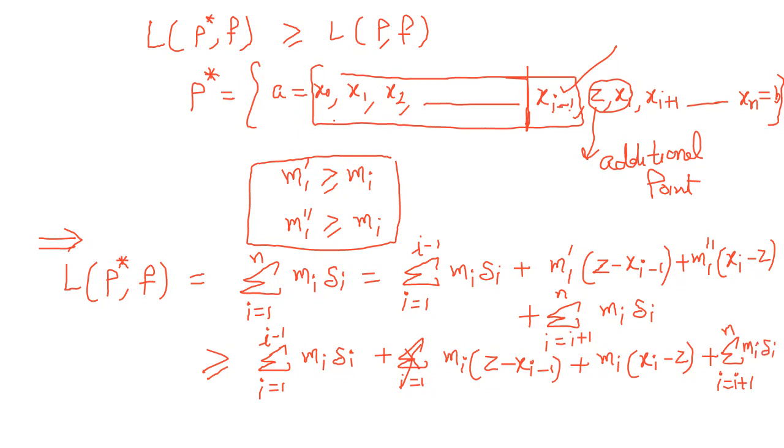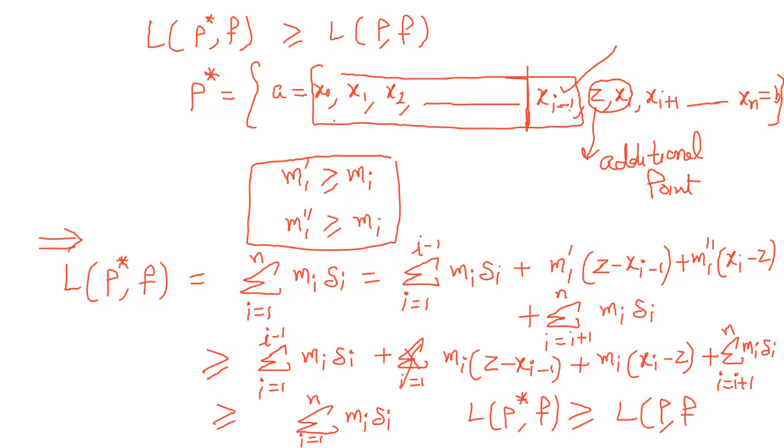So this can be written as summation i equal to 1 to n of mi delta i, that is L(P star, f) is greater than or equal to L(P, f). In this way you can show this is your answer.